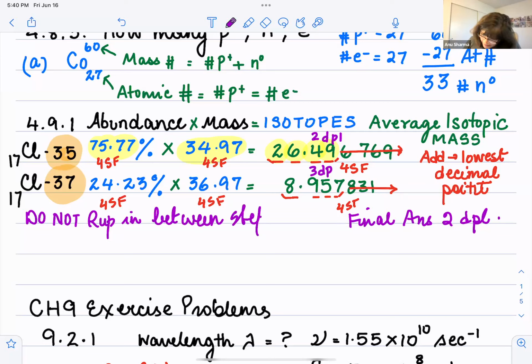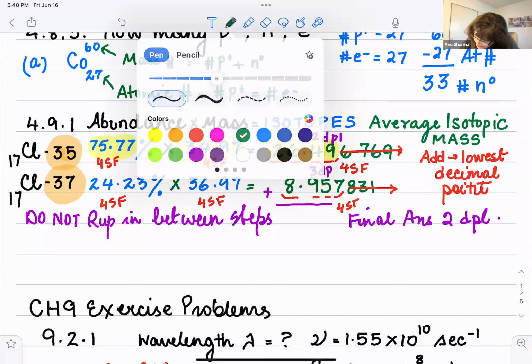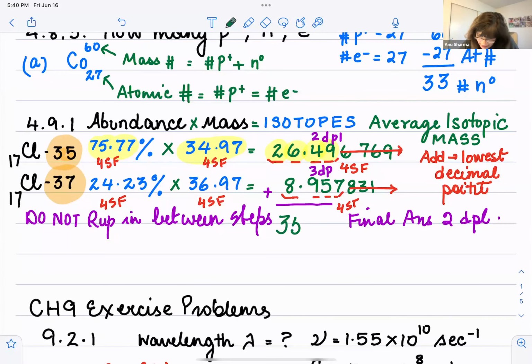All right. So now we are going to just add these numbers. We add 26.49 to 8.957, and you get 35.447. Okay, this is what we get.